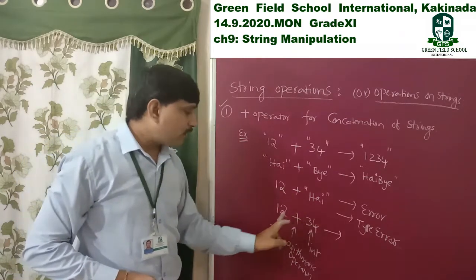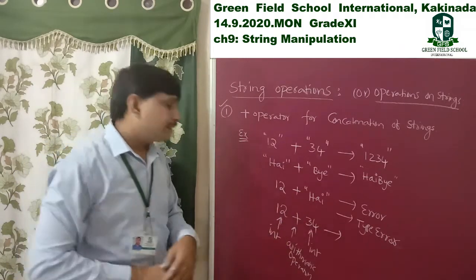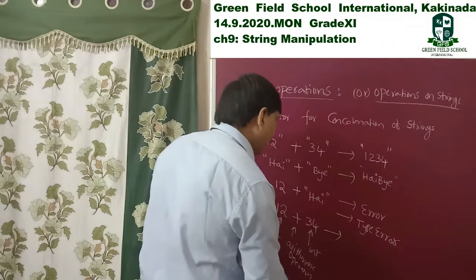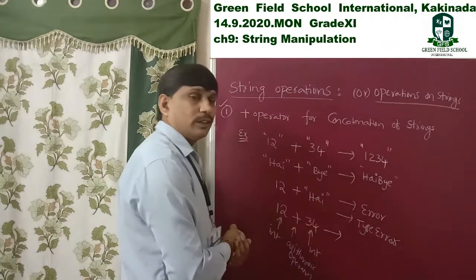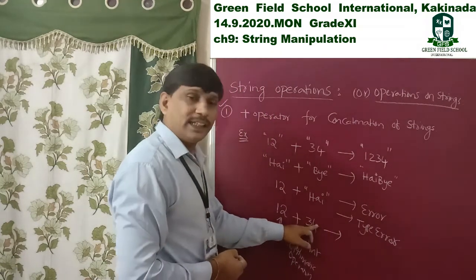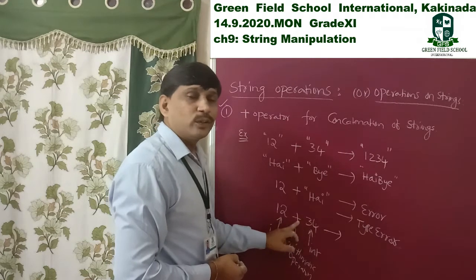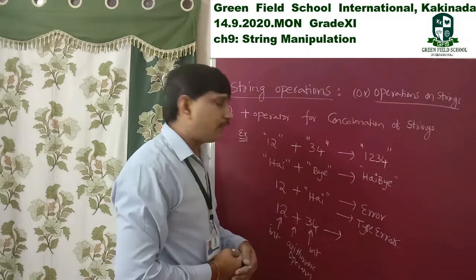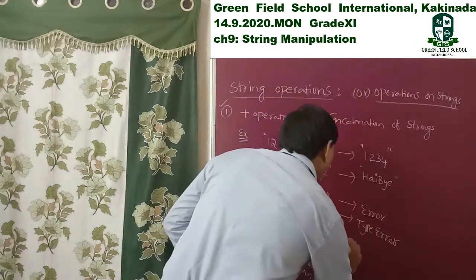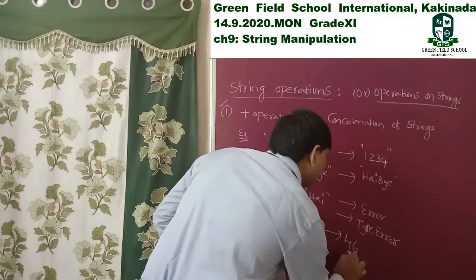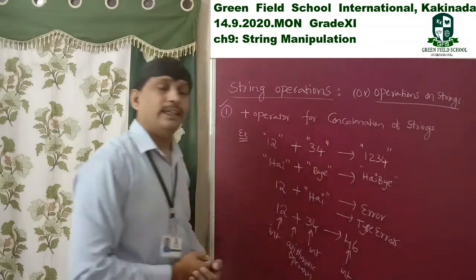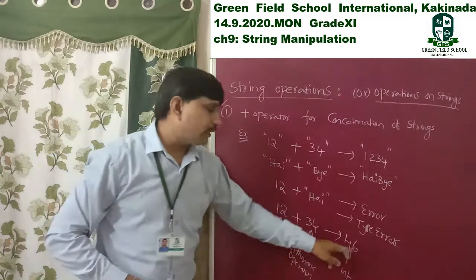Here both are integers. One integer plus another integer. So adding two integers returns an integer value. It returns the output 46.